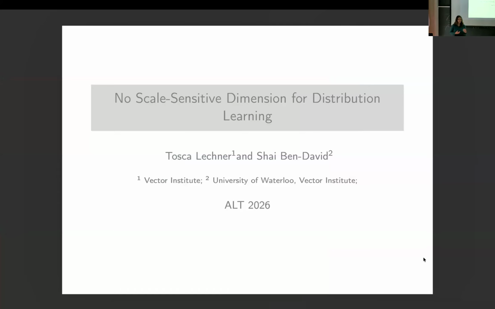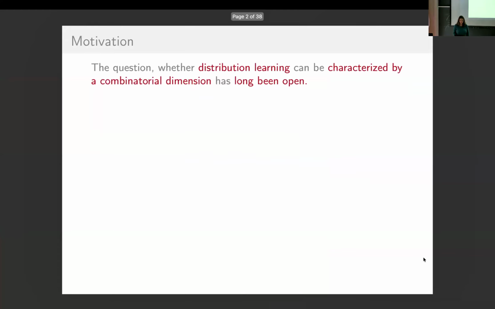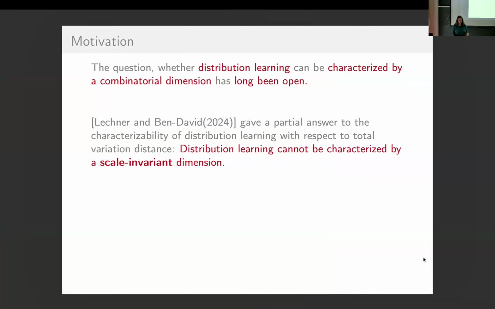So yeah, I'm going to present joint work with Shai. Happy birthday. On no scale sensitive dimensions for distribution learning. The question of whether distribution learning can be characterized by a combinatorial dimension has long been open. And we've given a partial answer to this in the past by showing that distribution learning cannot be characterized by a scale invariant dimension.